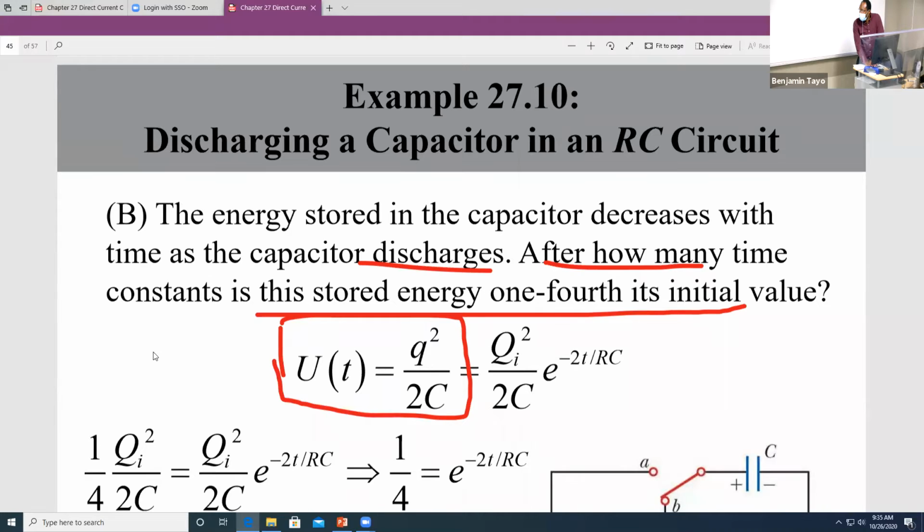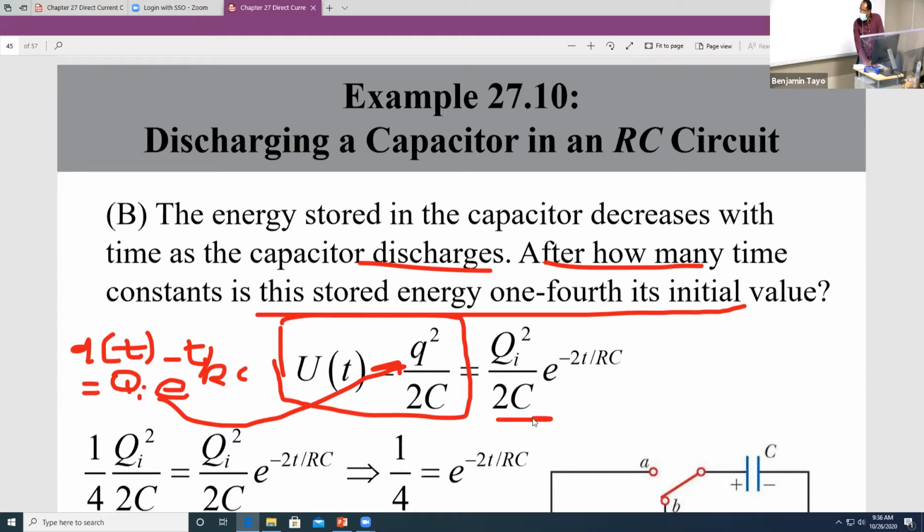Now, if you just substitute your Q of t, so remember that your Q of t is equal to Q_i e to the negative t over RC. If you take all of this and substitute here and square, you get all of that.